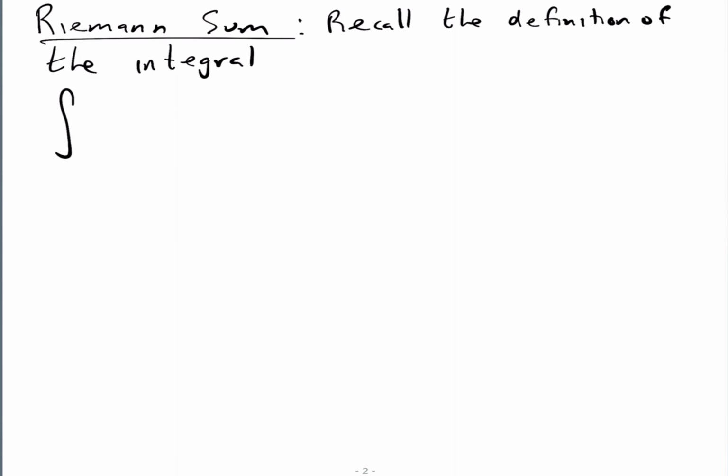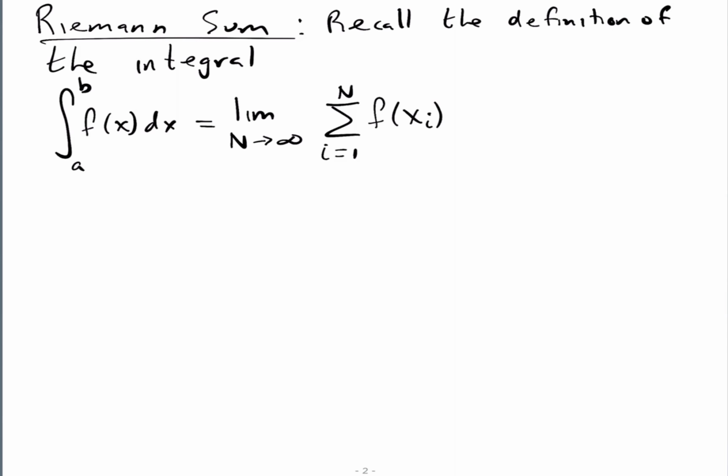So we had the integral from a to b of f of x dx. This represents the area underneath f of x from a to b, right? We said this is equal to the limit as n goes to infinity of the sum from i equals 1 to n of f of x sub i delta x. This right here is an example of a Riemann sum.